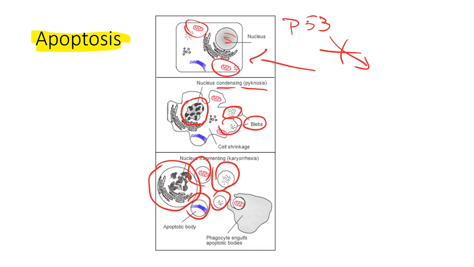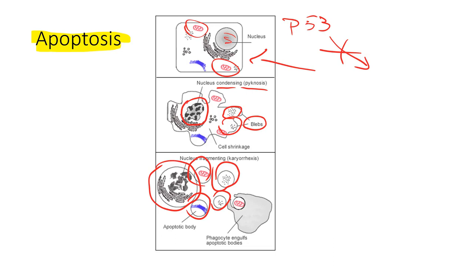Now, remember this, apoptosis is an important process involved in homeostasis, so the maintenance of your body functions. It happens when DNA is extensively damaged and cannot be repaired.